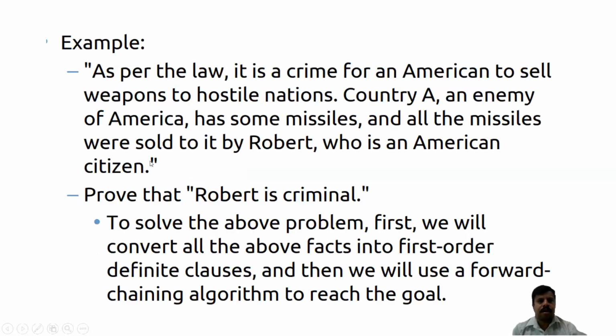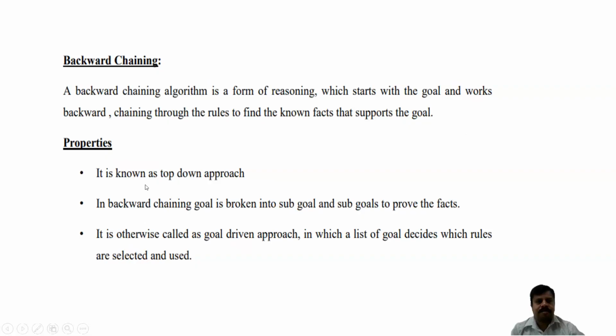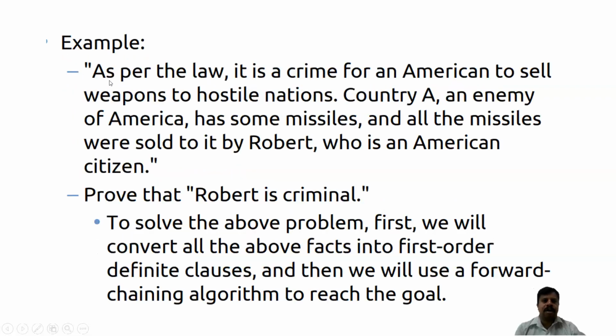To explain forward chaining and backward chaining, we will take a small example. As per the law, it is a crime for an American to sell weapons to hostile nations. Country A, an enemy of America, has some missiles, and all the missiles were sold to it by Robert, who is an American citizen.